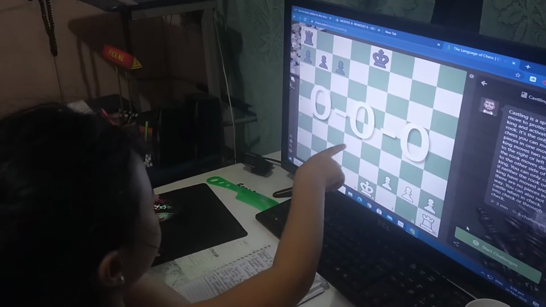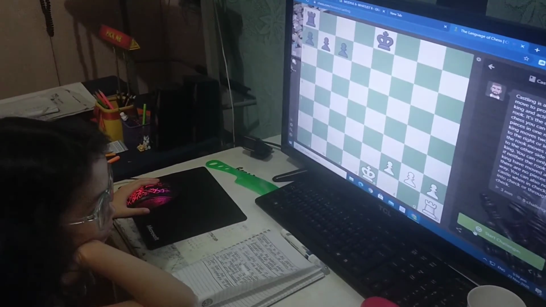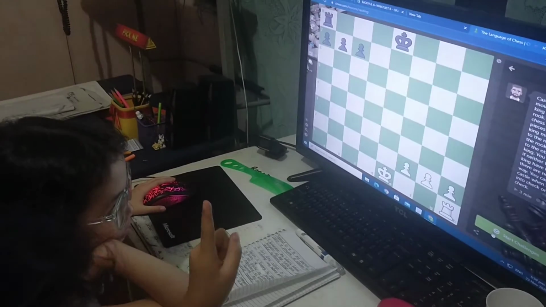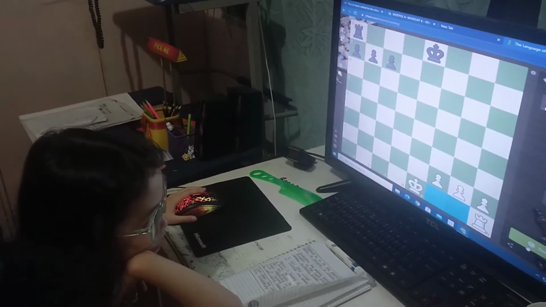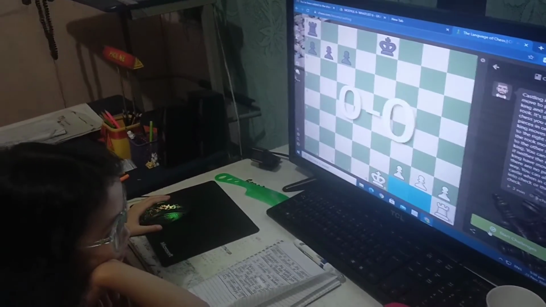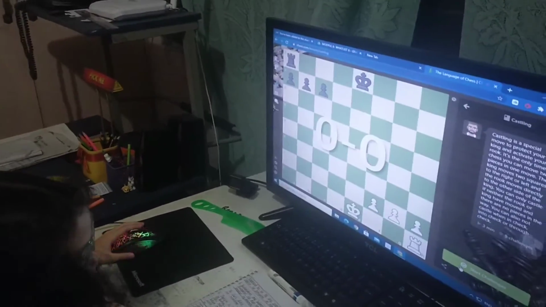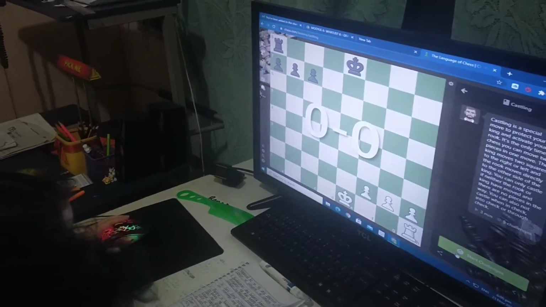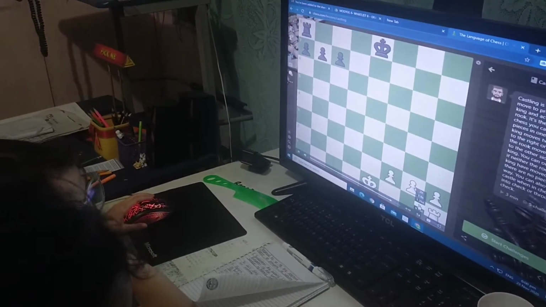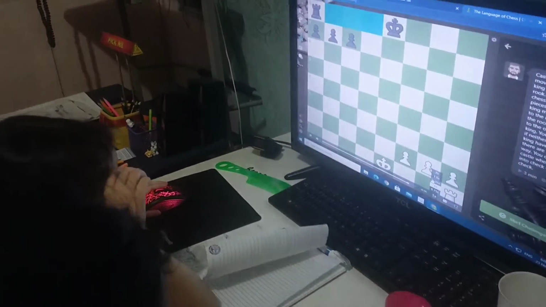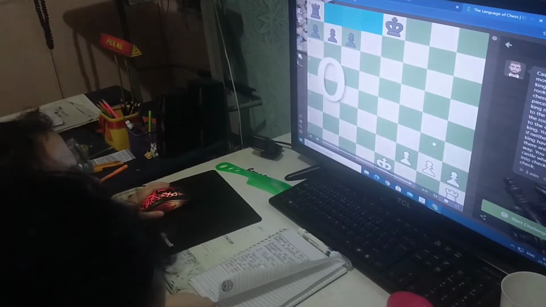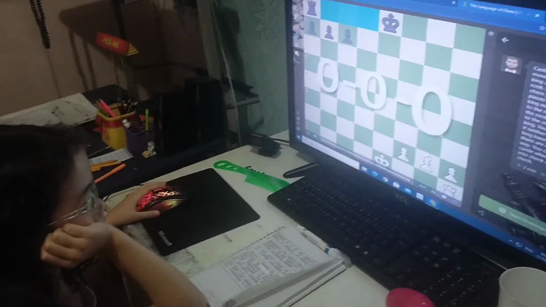One way that can help you remember this is notice on the king side there are two squares between the king and the rook. Notice 0 dash 0 has two zeros. So king side castling has two zeros. Notice on the queen side, there's three squares between the king and the rook. Queen side castling has three zeros: 0 dash 0 dash 0.